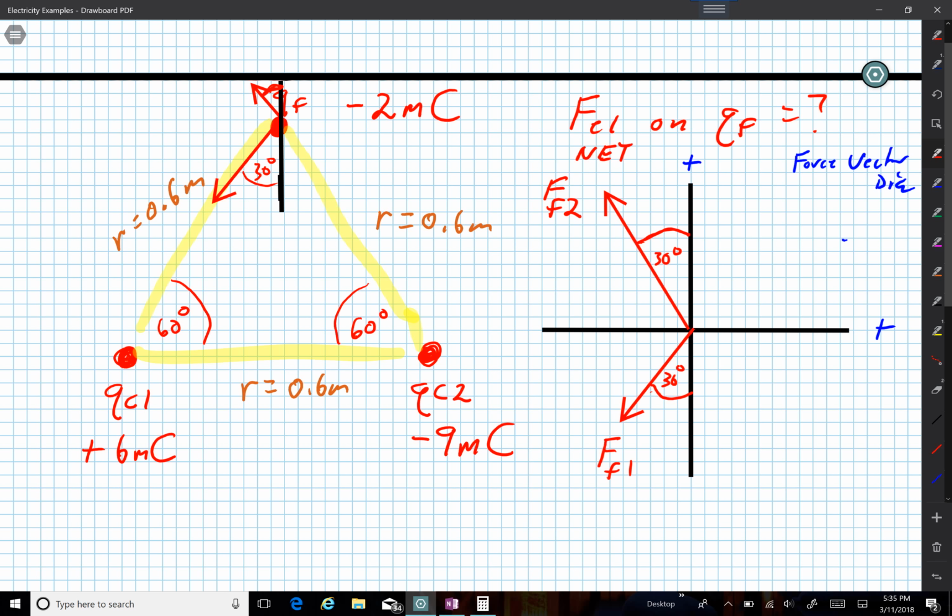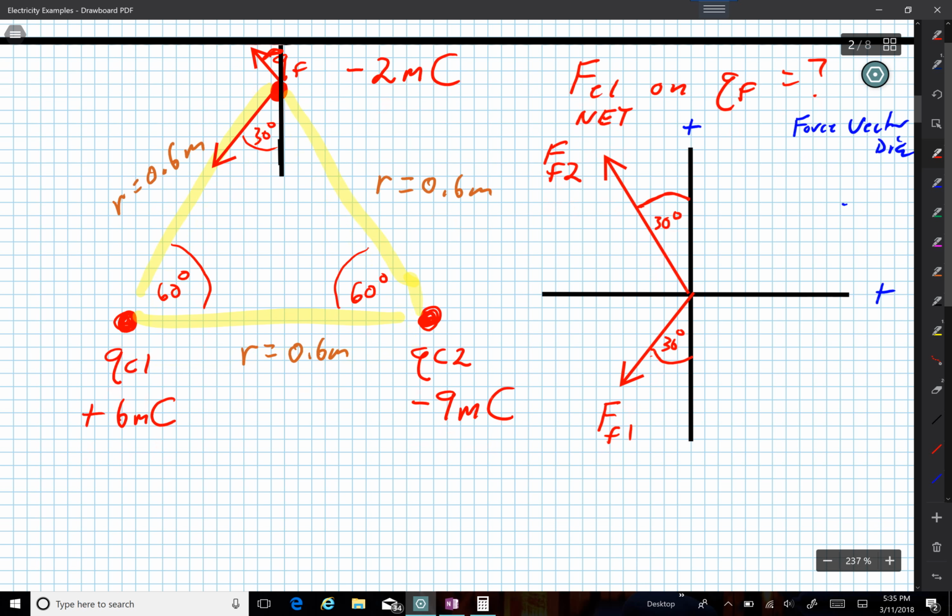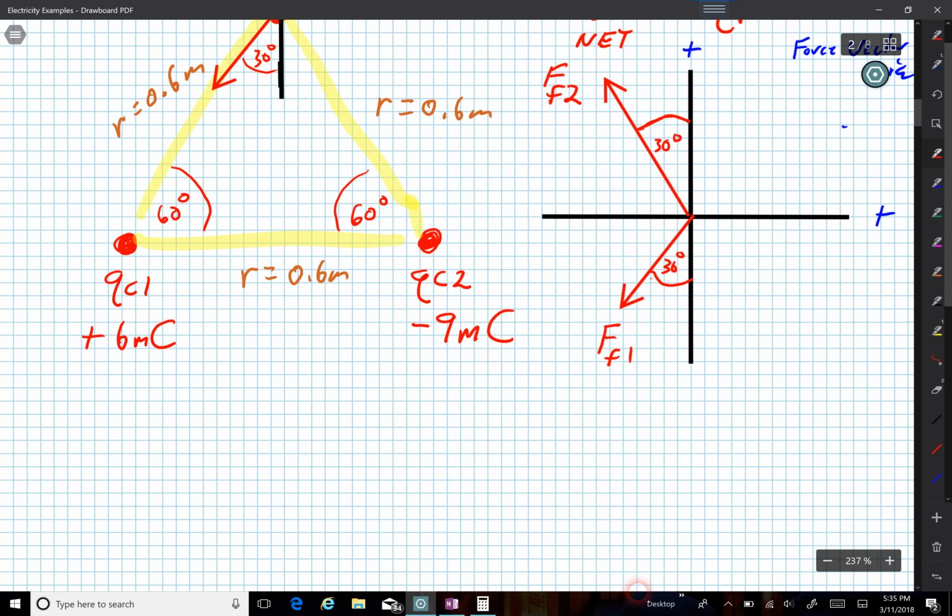And I just need to know these forces. Well, I can write these equations. I can say FF1 is K electric QC1 times QF over r squared.